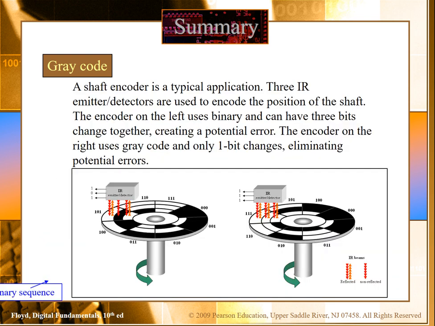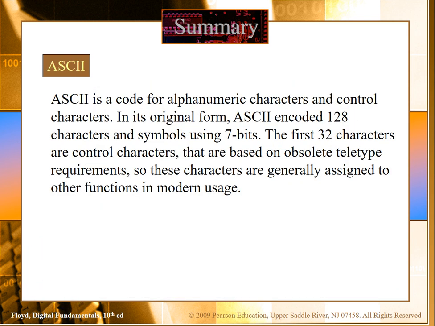Another very commonly used coding system is ASCII. Basically this is an alphanumeric character system. The abbreviation is American Standard Code for Information Interchange. Basically all of your keyboards communicate with your processor based on this ASCII coding system.